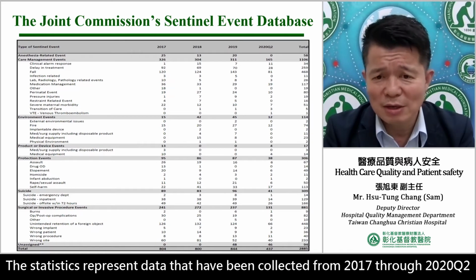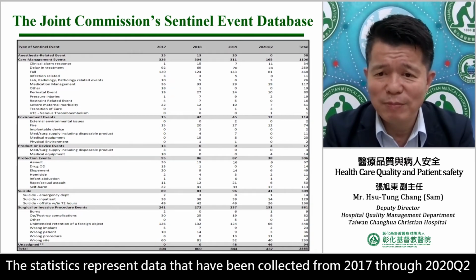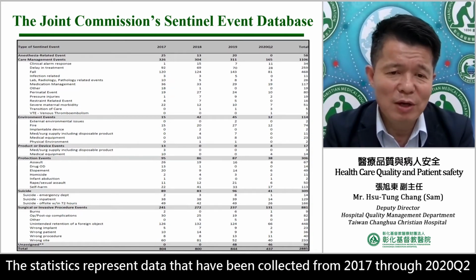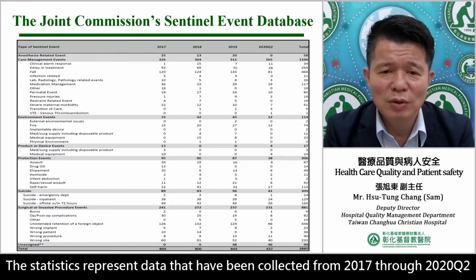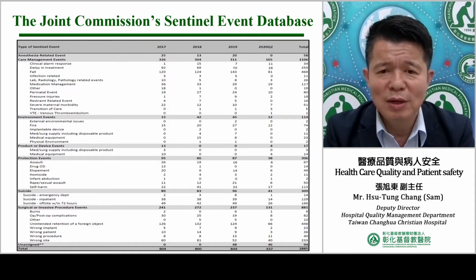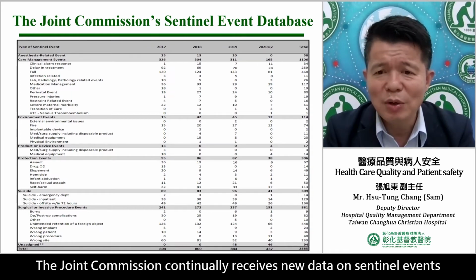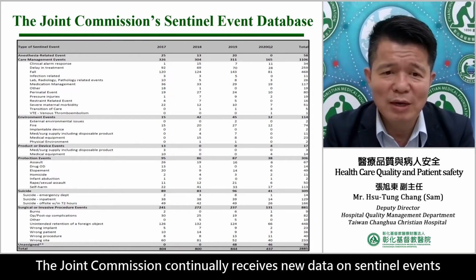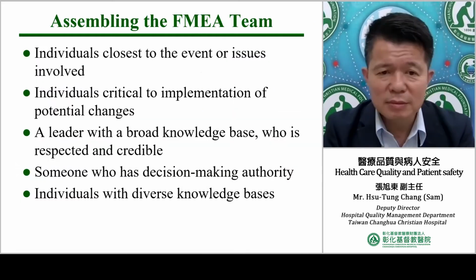The statistics represent data that have been collected from 2017 through 2020 Q2. The Joint Commission continually receives new data on sentinel events.